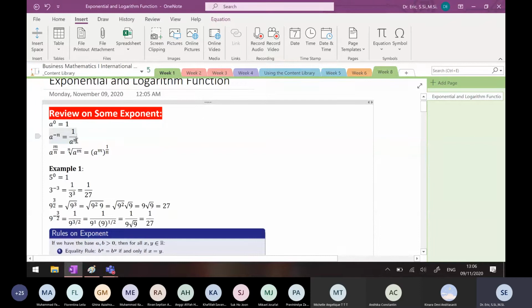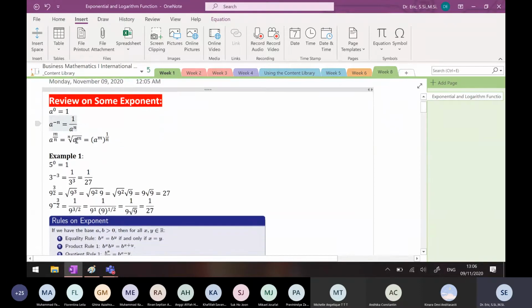A to the m over n is the n-th root of a to the power of m. It can also be written as a to the power of m, to the power of 1 over n.